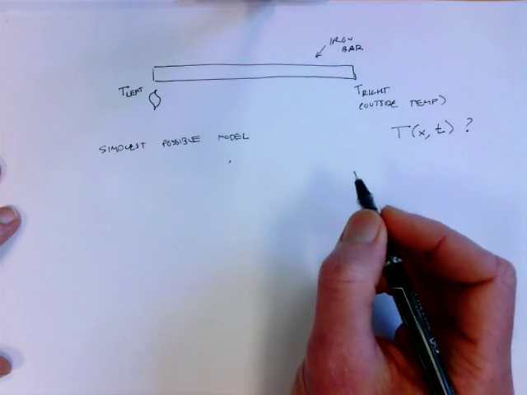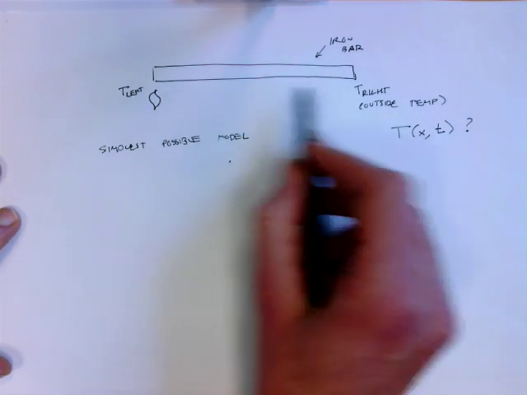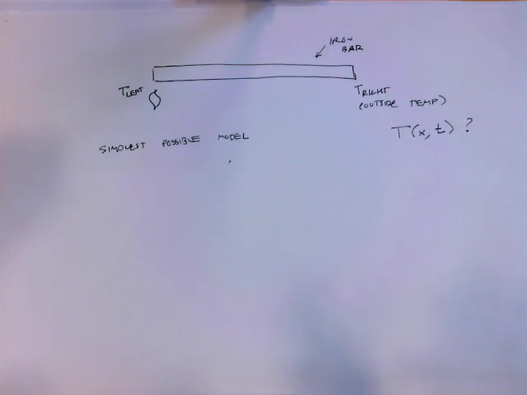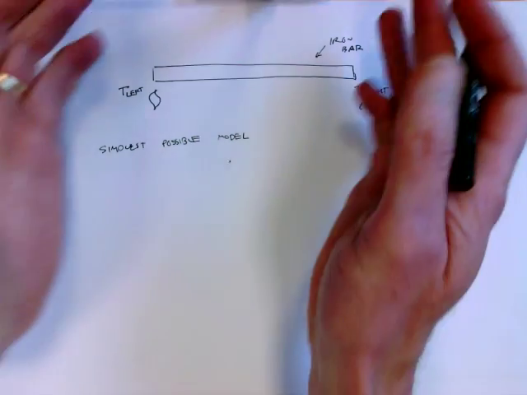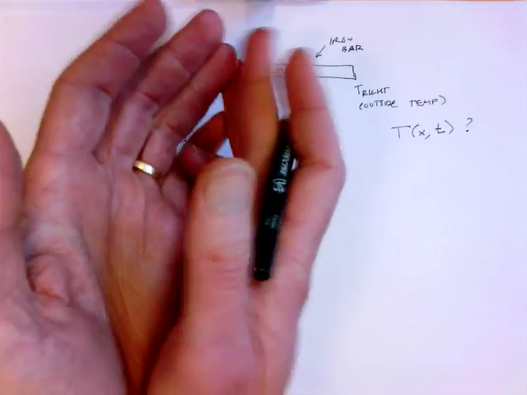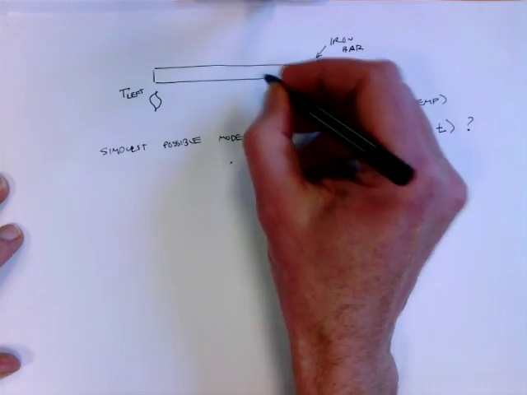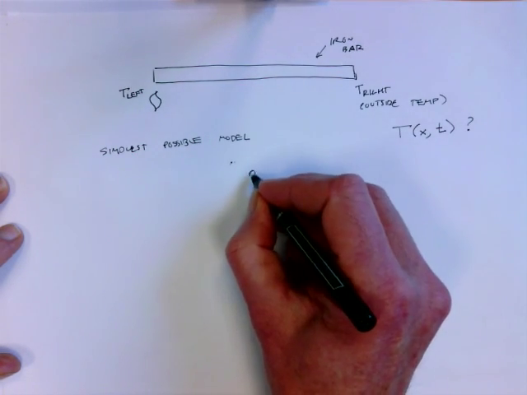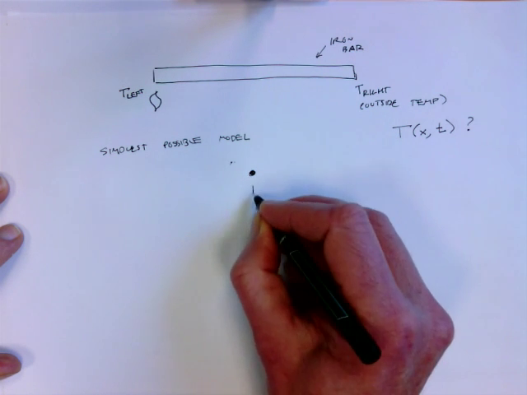Okay. So what we're interested in doing is thinking about this bar, and I'm going to think about this bar basically as being a single thermal mass, right? So I'm going to make a point mass approximation where I take the whole bar and stick all of its thermal mass at one point in the center of the bar. And so I'm going to collect this whole bar down to be a single thermal mass.